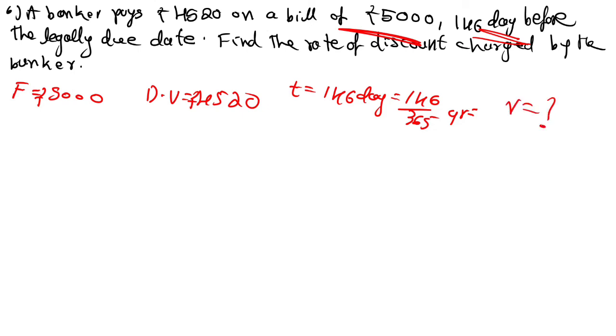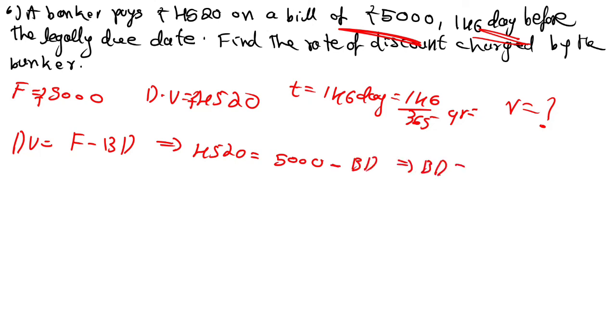Now we have discounted value equal to face value minus banker's discount. This implies 4,520 equal to 5,000 minus BD. Calculating this, BD banker's discount equals rupees 480. Now BD, F and T are there, and the question is the R value.